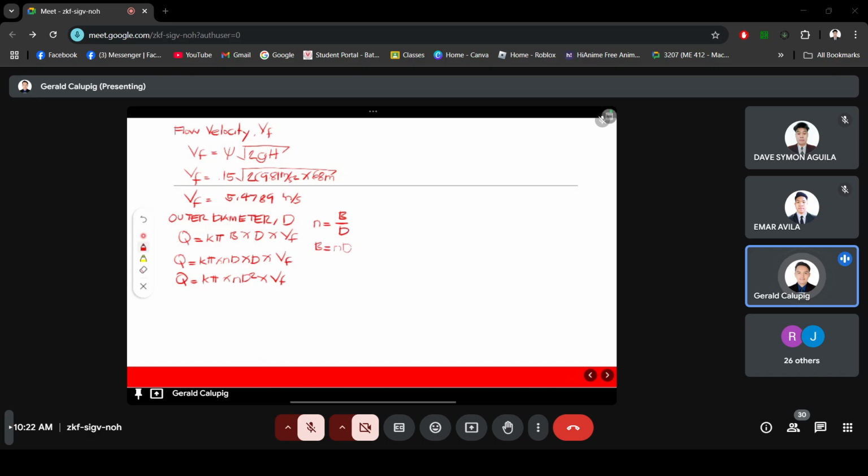So the value of our D is what? Let's derive. Ano po magiging value? The value is D squared equals Q over K pi times n times Vf.